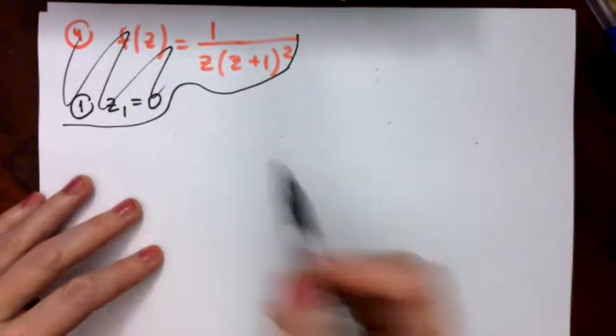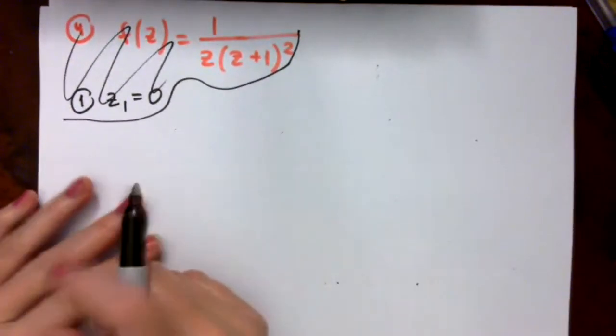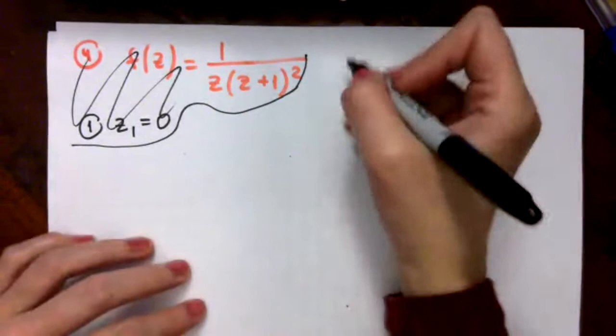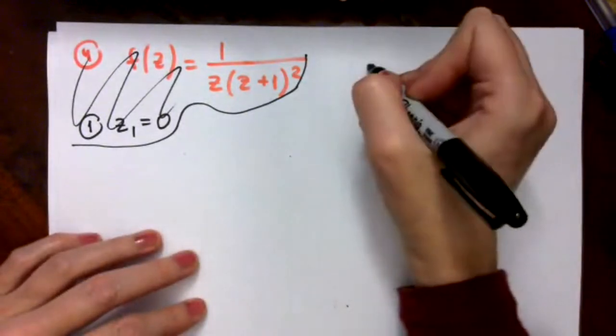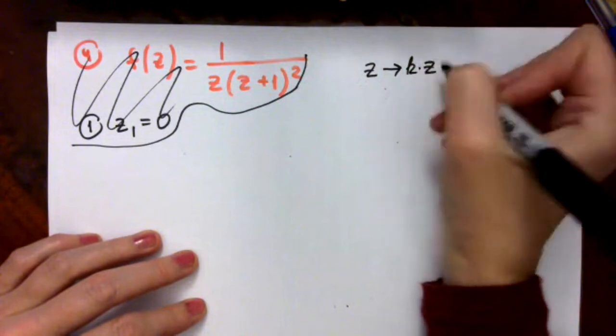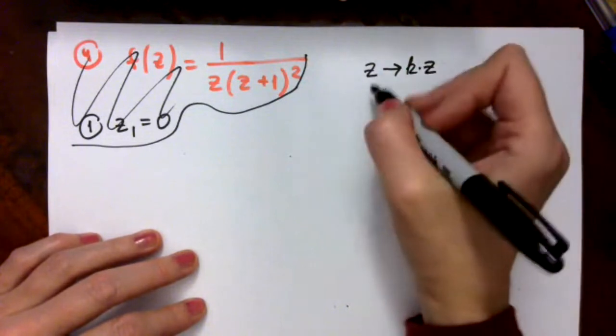We need to be prepared. I gave you many tricks which mathematicians use to make these expansions faster. Let's just refresh them. Instead of z, you can substitute k times z, where k is constant.